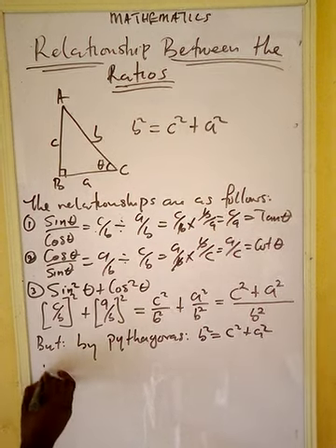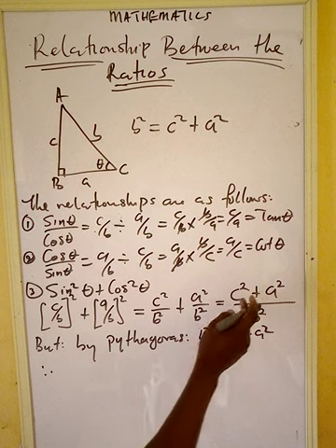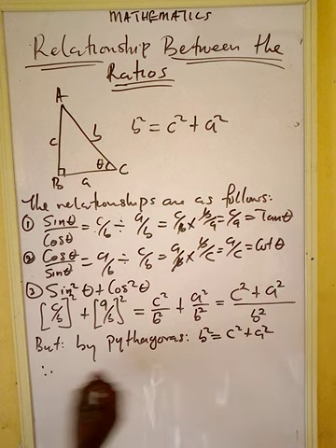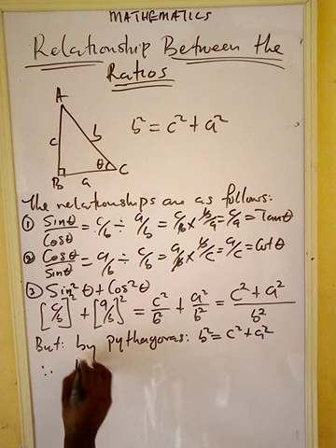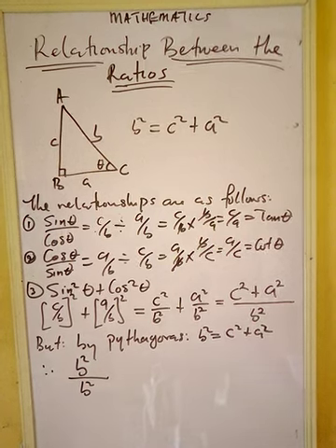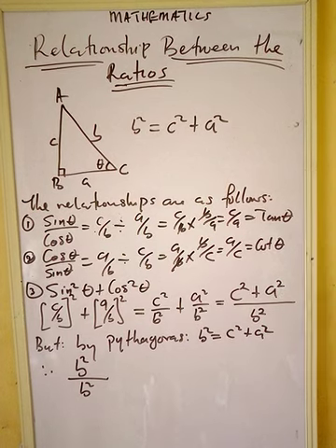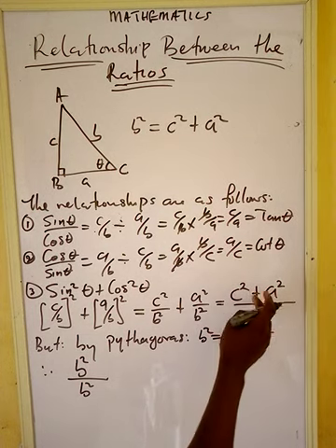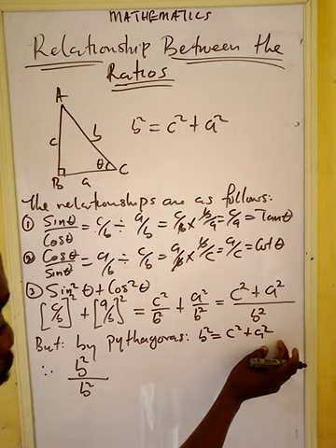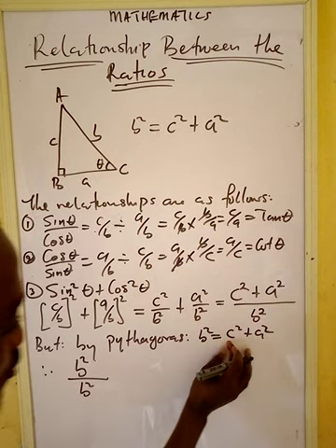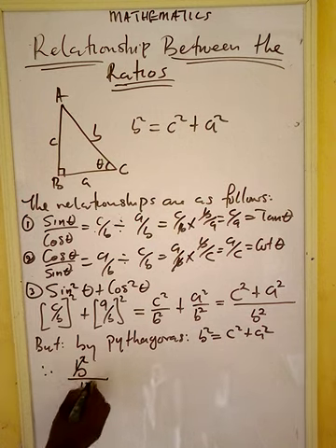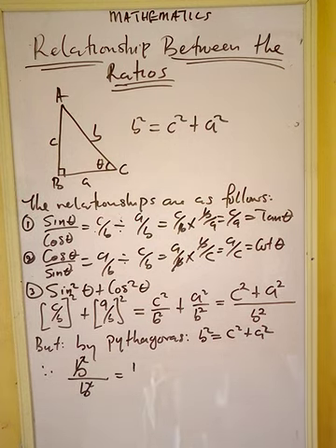So anywhere you see c squared plus a squared, it is the same as b squared. Then we replace this by b squared, so b squared cancels b squared, and what we have is 1.